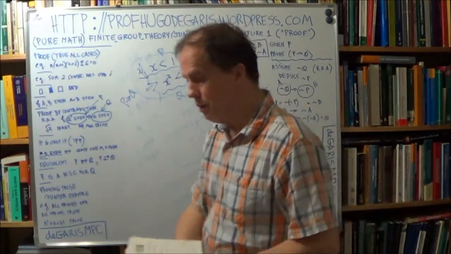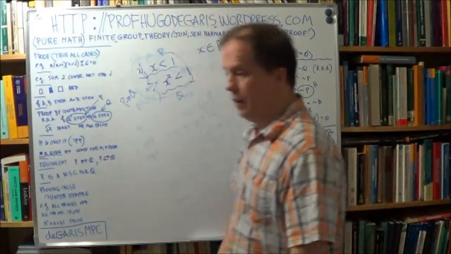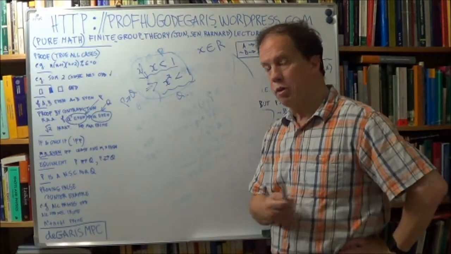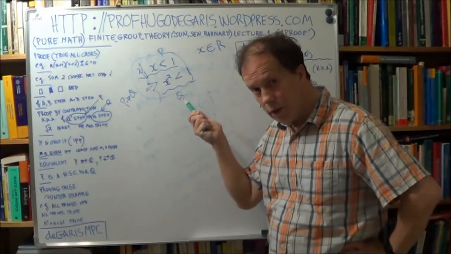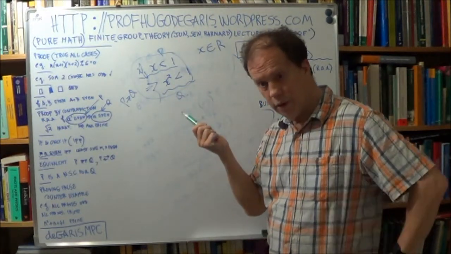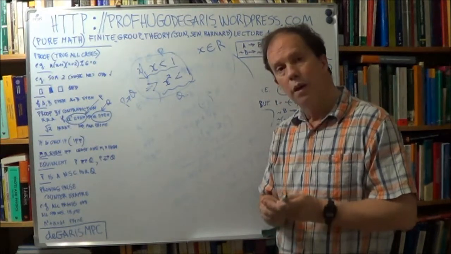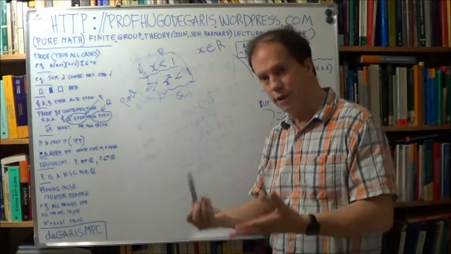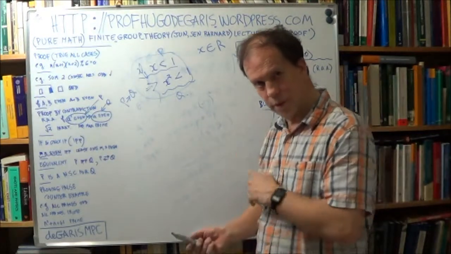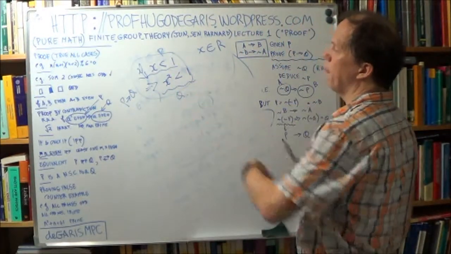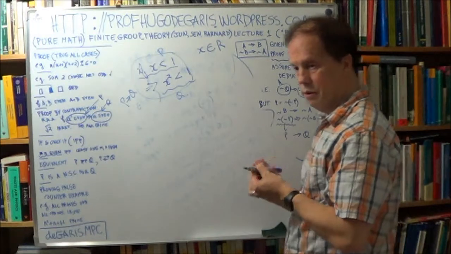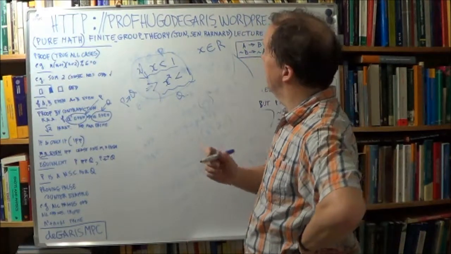Okay? So which way are you going to go? You're going to try to prove it, or you're going to try to disprove it? Now, to disprove something, remember, you only have to find one counterexample.